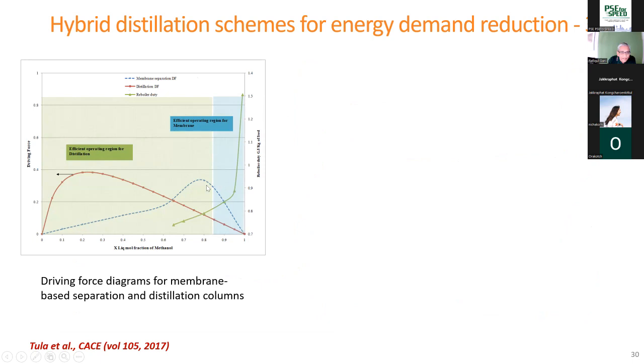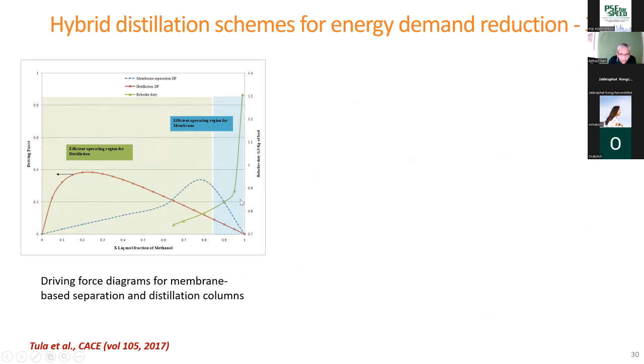On the other hand, if we draw membrane curves, this is a membrane separation curve, they do not use that much energy in this section. So can we do distillation up to here, let's say? And then from here, can we switch to membrane so that we avoid using all this energy here?